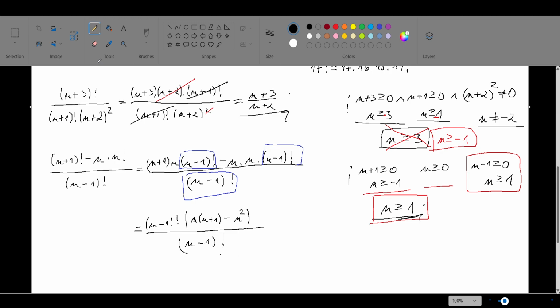What basically means that you can cancel the n minus 1 factorials, and you can simplify the expression in the numerator, but this is not gonna be a fraction anymore, and it's gonna be n squared plus n take away n squared, which is definitely equal to n.